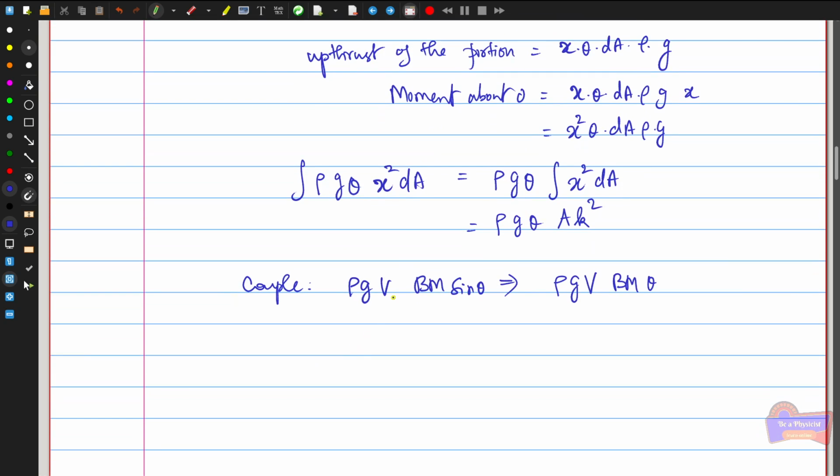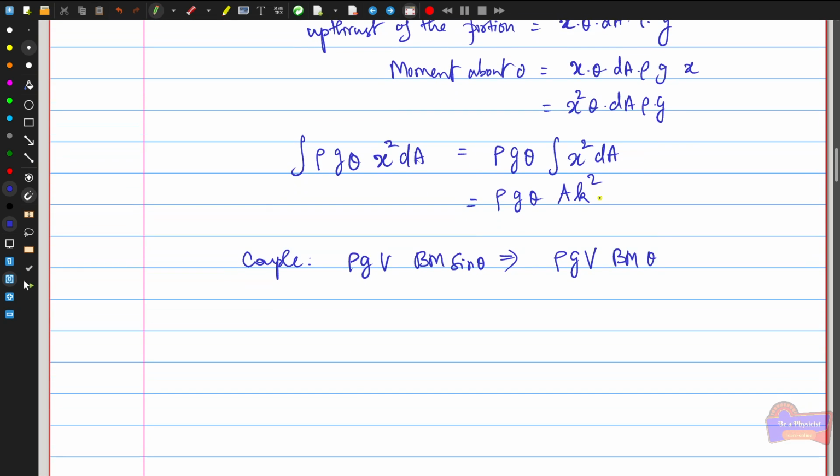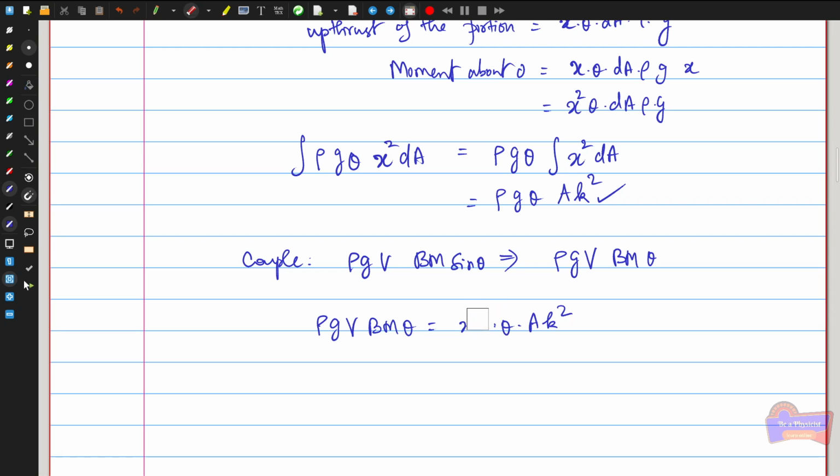Therefore, I can equate these two couples which we have considered. So rho g V BM theta is equal to rho g theta Ak squared.